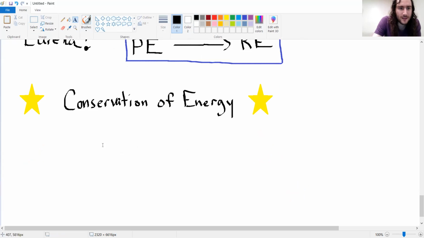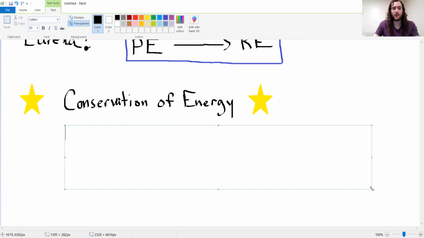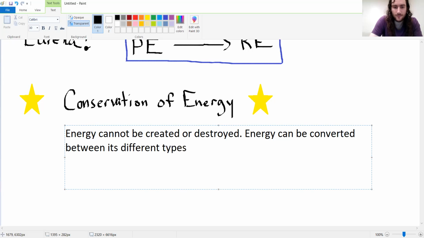I'm going to go ahead and type this out because it'd be difficult to write out the whole thing. So conservation of energy. Energy cannot be created or destroyed. Energy can be converted between its different types. And then let's give some examples here.